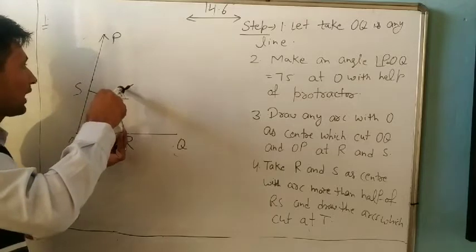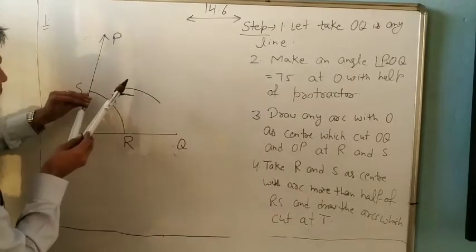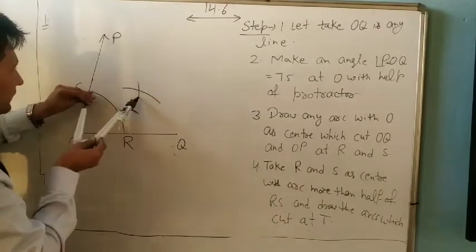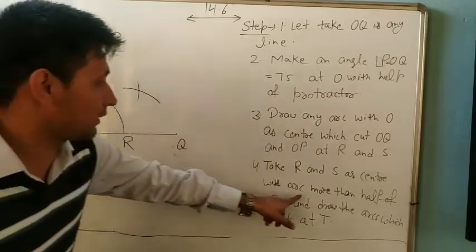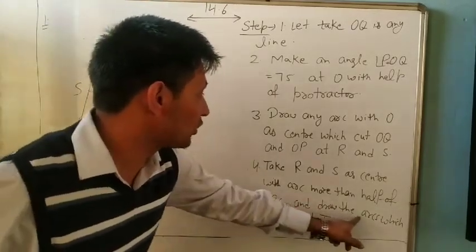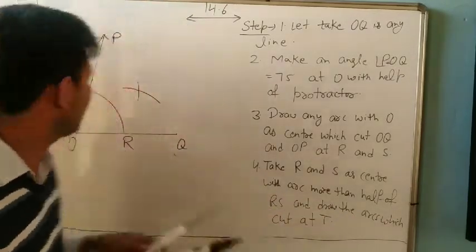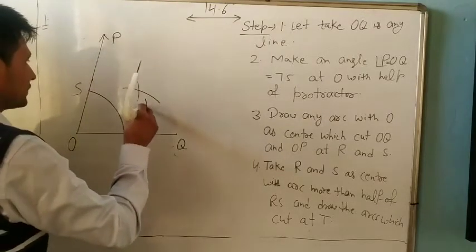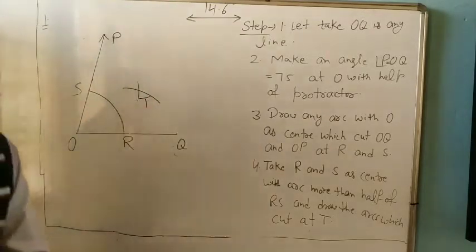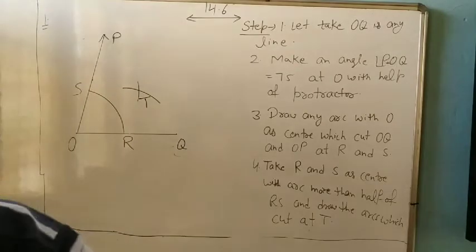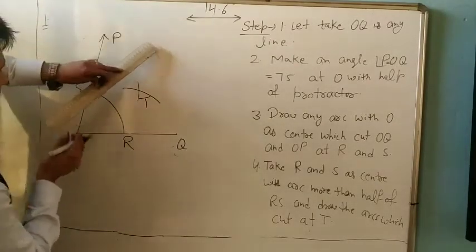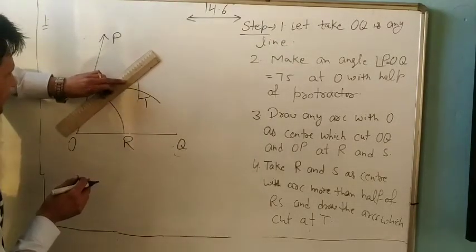Yes. So draw arc 1. Then with S as center, draw another arc, more than half, which cuts the first arc at a point. Suppose this point is T. Understand? Now we will join it.